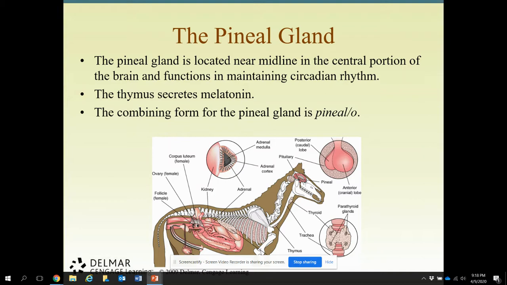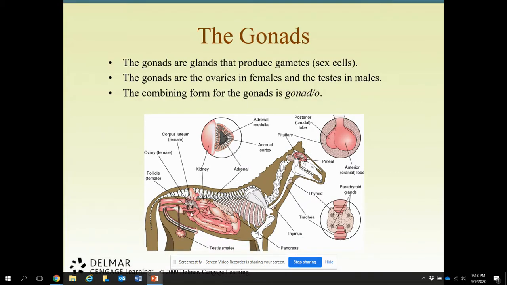The pineal gland secretes melatonin. And melatonin helps animals and us in those rhythms. So yeah. The gonads are glands that produce gametes, so the sex cells. The gonads are the ovaries in females, and the testes in males.